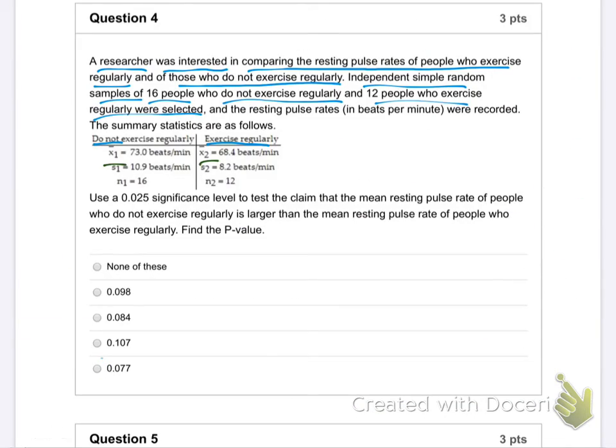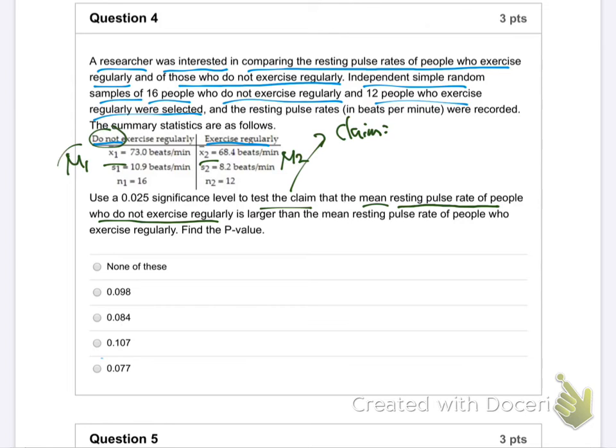This one says test the claim. Oh, there's a claim. In fact, let's write that claim. What is the claim? The mean, so that's average, resting pulse rate of people who do not exercise regularly. Which group's that? Let's call this mu1, and this group's mu2. Just take them in order.